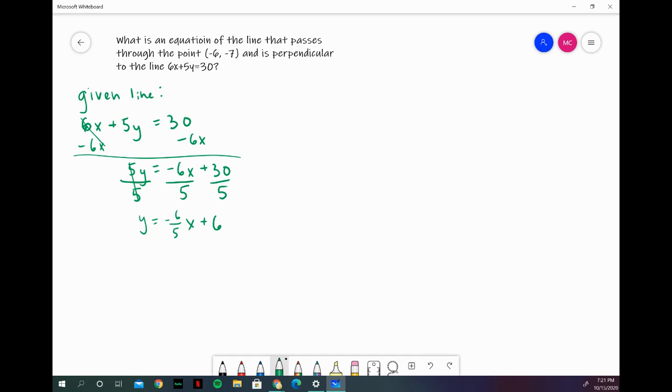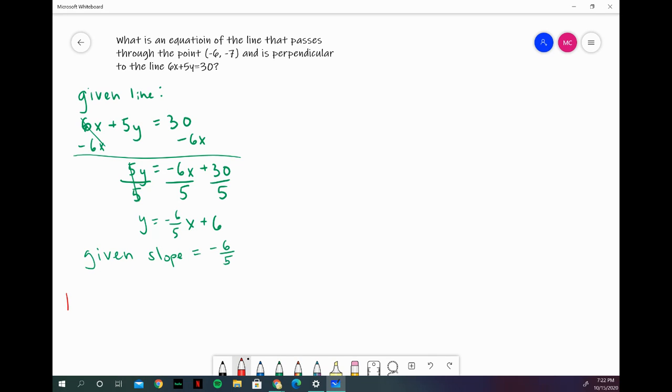So I know that the given slope is equal to -6/5.